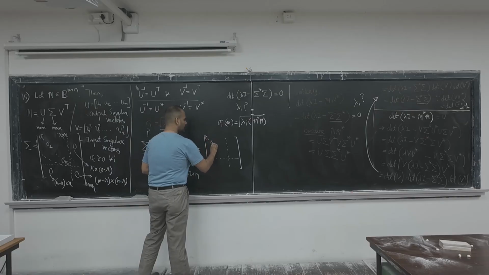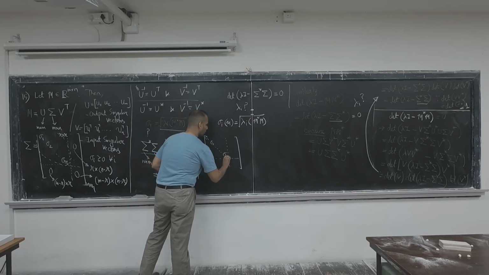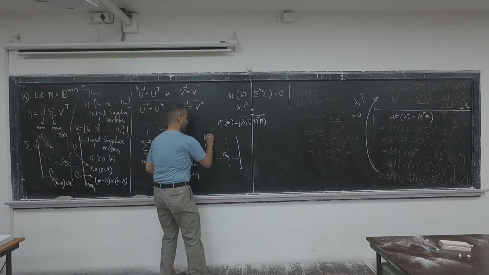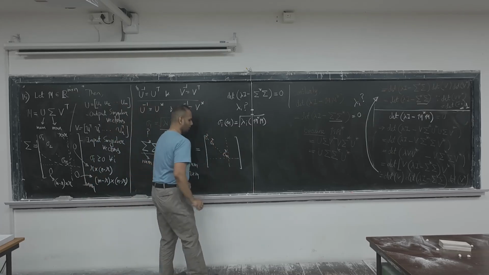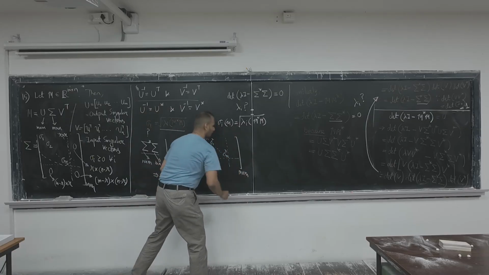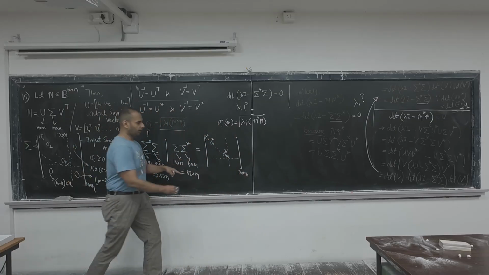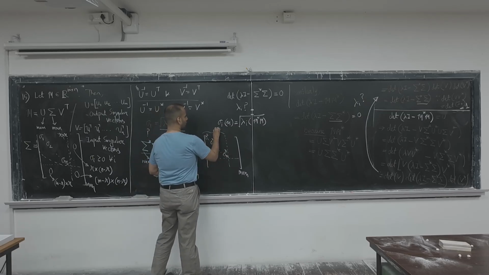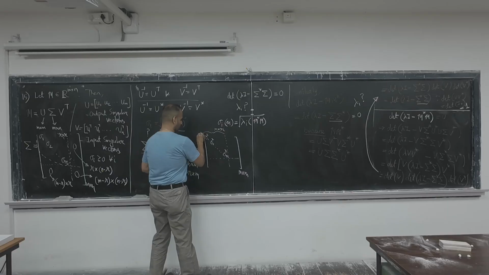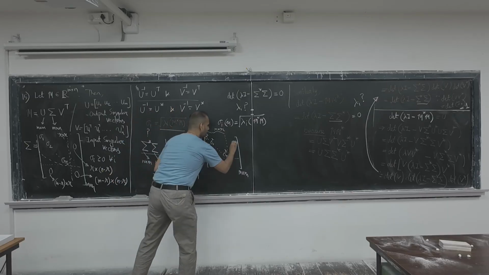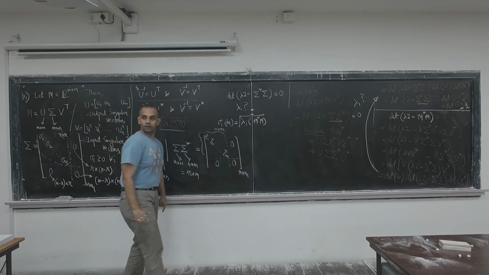Sigma 1, sigma 2 up to sigma r. Now suppose this is M cross M. I am just showing with respect to this whole dimension, this is r cross r. Right? So here you have 0, here you have 0, here you have 0.